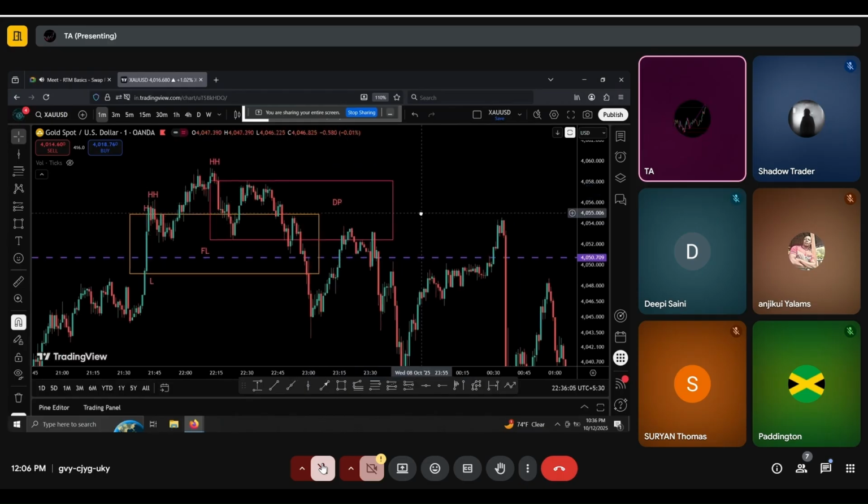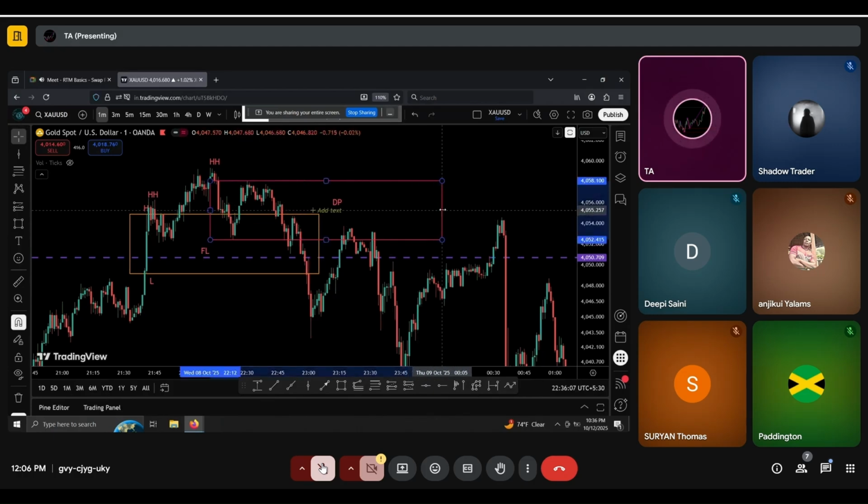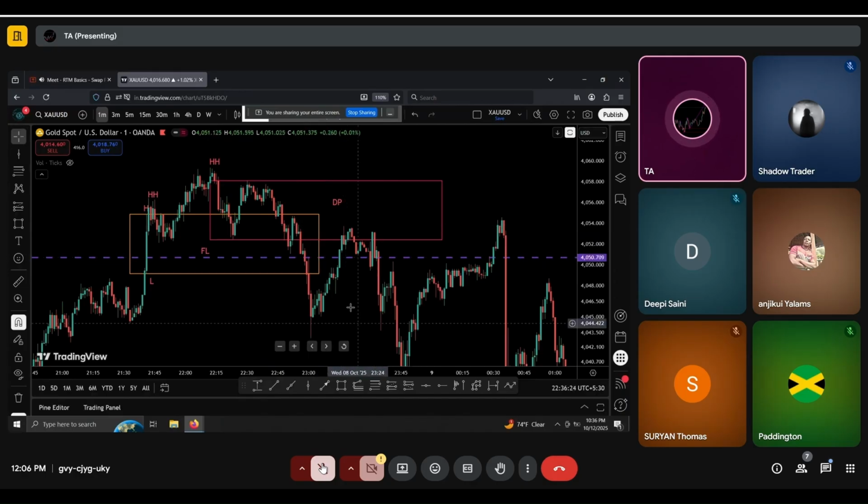If we divide this DP in 50-50%, do you see the price goes up, just entered about 20 to 30% of the area, then fell back again.